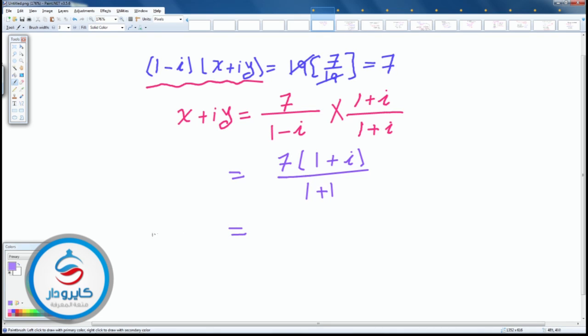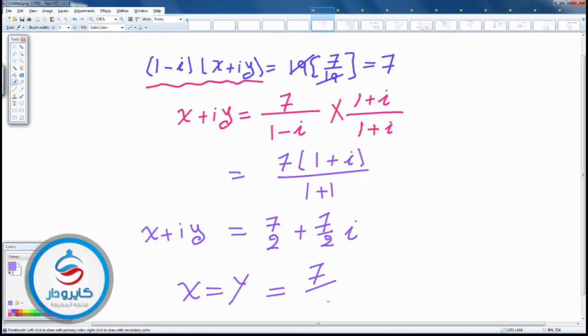That means x plus iy equals 7 over 2 plus 7 over 2 i. That means x equals y, both of them equal 7 over 2, and this is the final example of the cubic root of the unity.